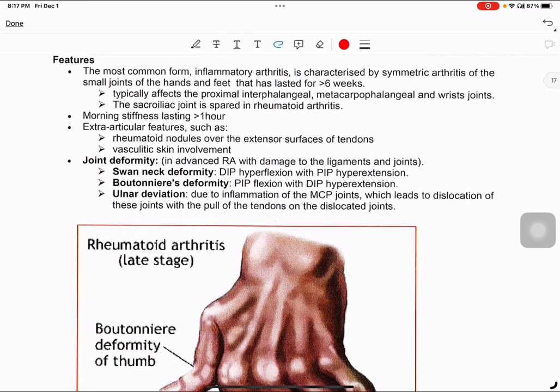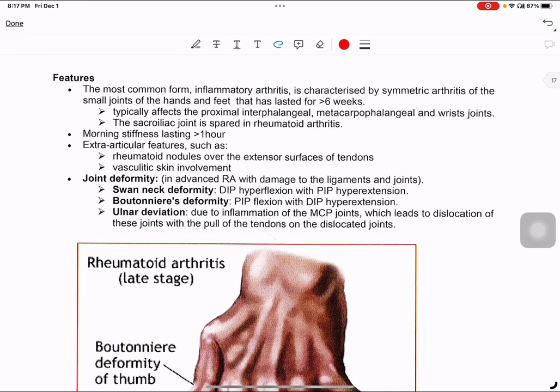So lots of joint deformities occur; these are the arthritic findings of rheumatoid arthritis. Rheumatoid arthritis is an inflammatory arthritis, a symmetrical arthritis of the small joints of hands and feet, which lasts more than 6 weeks, and it involves the proximal interphalangeal joint, metacarpophalangeal or metatarsophalangeal joint and wrist joint, and the sacroiliac joint is spared.